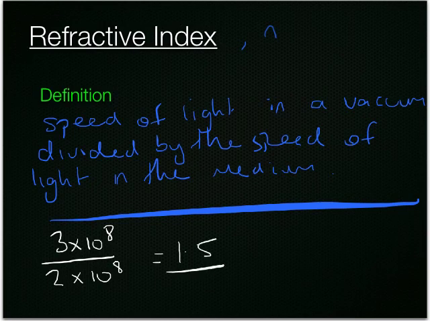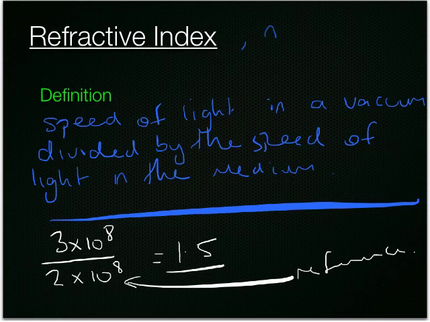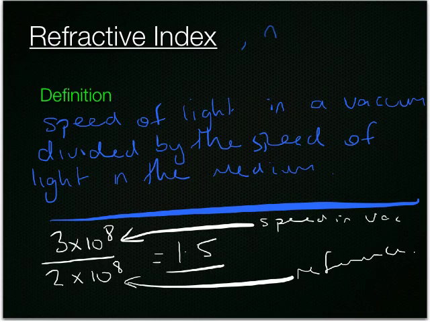So all you've got to do is look up a reference for the speed in the medium and divide the speed in a vacuum by that reference. The 3 times 10 to the 8 is fixed, 2 times 10 to the 8 is your reference. For water it's almost 1, so it'd be very close to the speed of light.